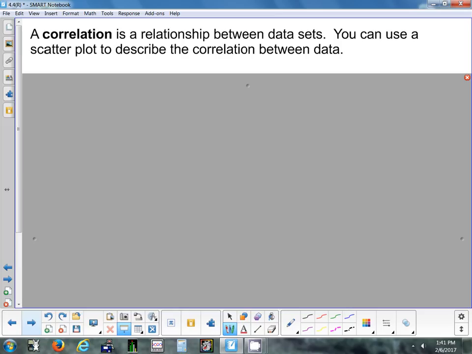Okay, you don't have to write the second sentence. Just write what I'm underlining. A correlation is a relationship between data sets. You already wrote the second sentence under that first bullet.